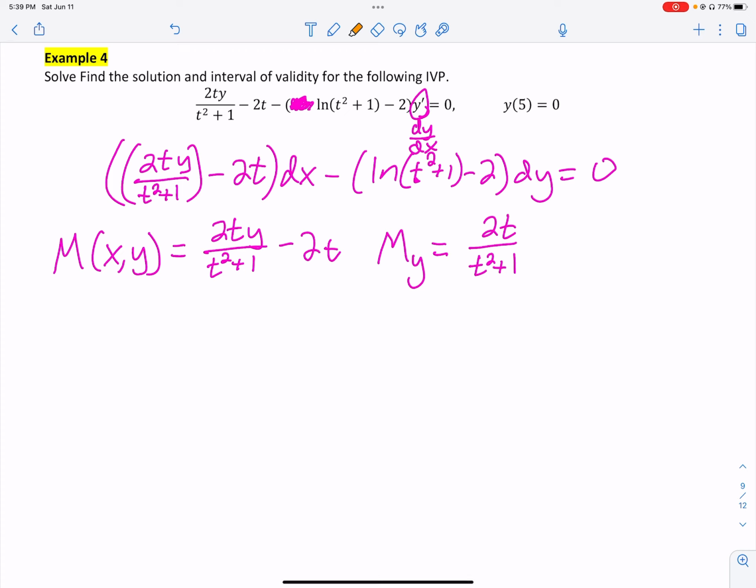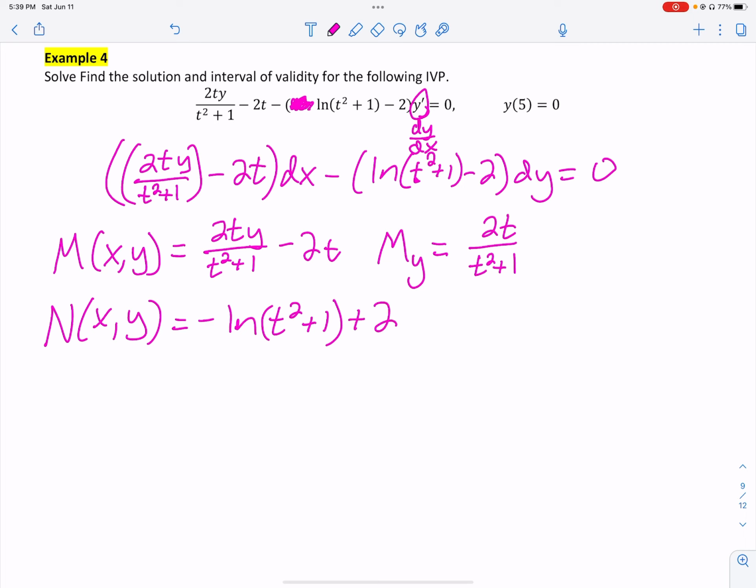We also have N of x,y, which is negative ln of t squared plus 1 plus 2. Remember, we take the sign with us. So if I take the partial of N with respect to x, or t, not x, we don't have any x's here.